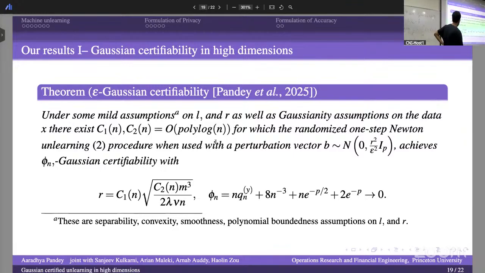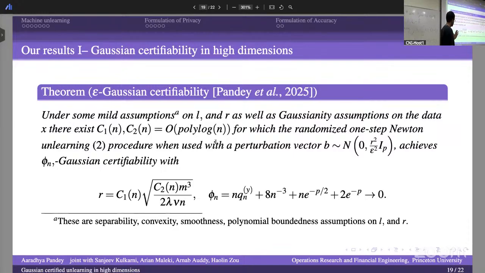And we choose this sigma square to be r square over epsilon, where r is something that is actually diminishing. You do not have to worry about this, but basically it looks like some power of m divided by square root n. So what happens is the following: with high probability it actually satisfies epsilon Gaussian certifiability just after one step and addition of a Gaussian noise.